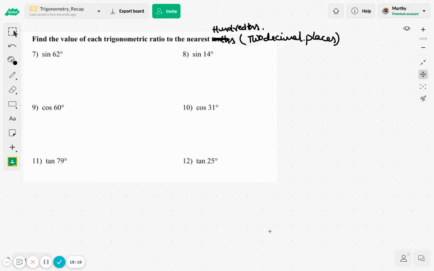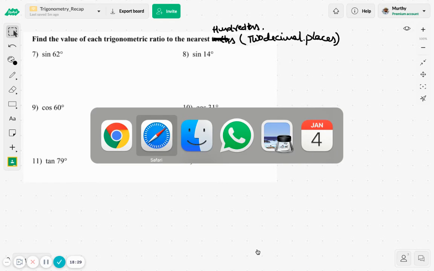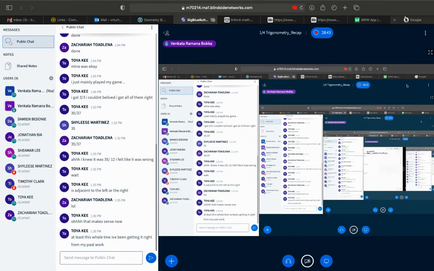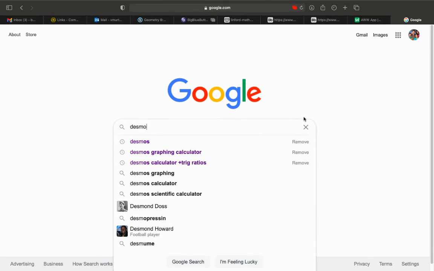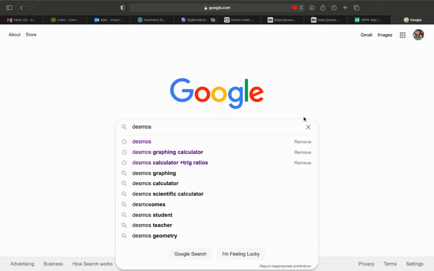Or else what you can do is go to Desmos. Go to the Desmos graphing calculator. So let me open Google here and type Desmos graphing calculator.